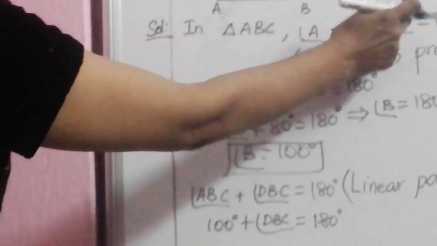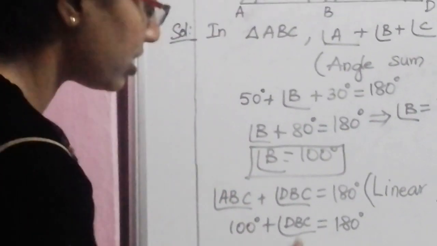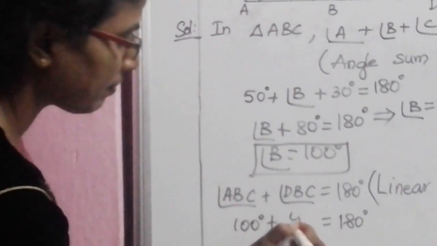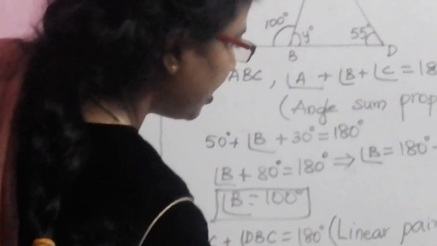This DBC is nothing but y degrees. So instead of writing this angle, we are going to write it as y. So this implies y is equal to 180 degrees minus 100 degrees.